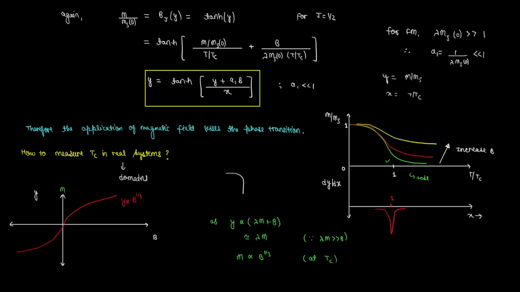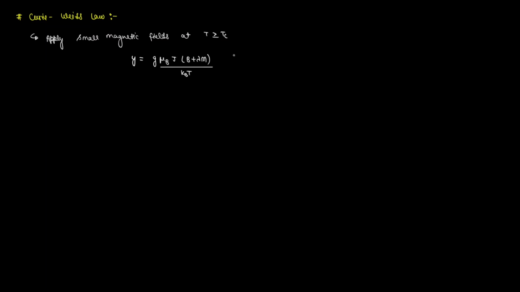Now let's look at this phase transition from another point of view, where we will also derive the equation for the Curie-Weiss law. Let us apply a small magnetic field B for temperature greater than the Curie temperature, so that the value of y will be very low, and the Brillouin function can be approximated as (J+1)y divided by 3J.